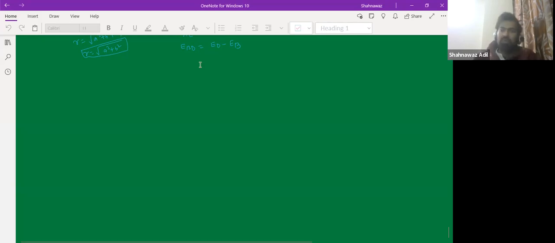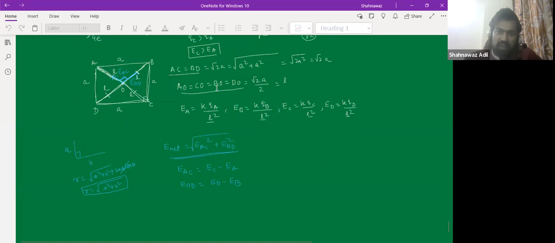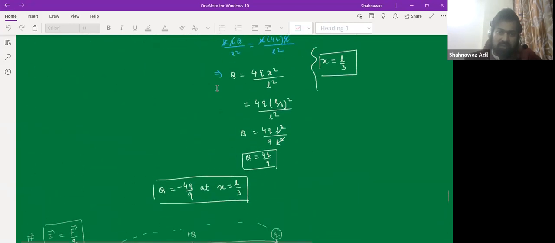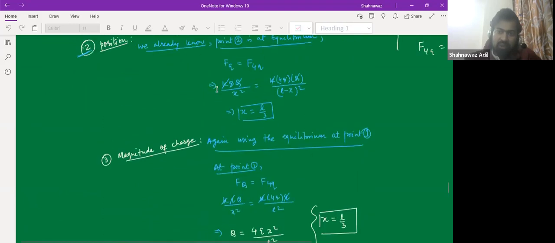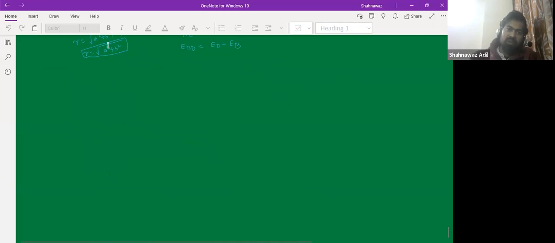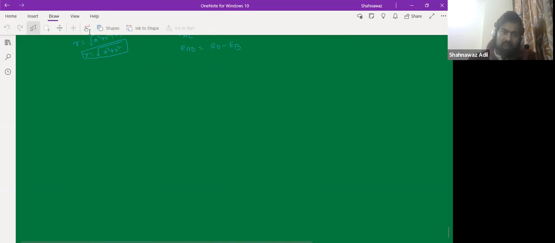Now we will talk about the electric field type, right? Now let us talk about the electric field of a dipole. What is the dipole?